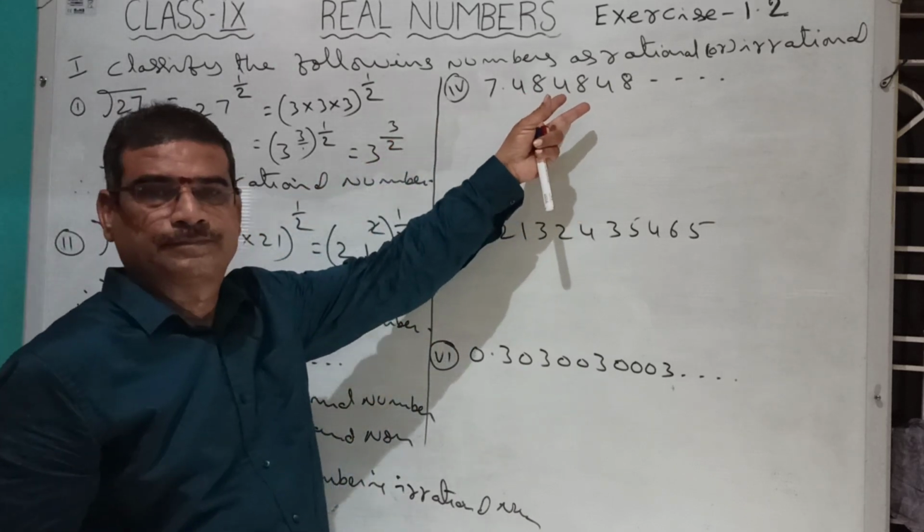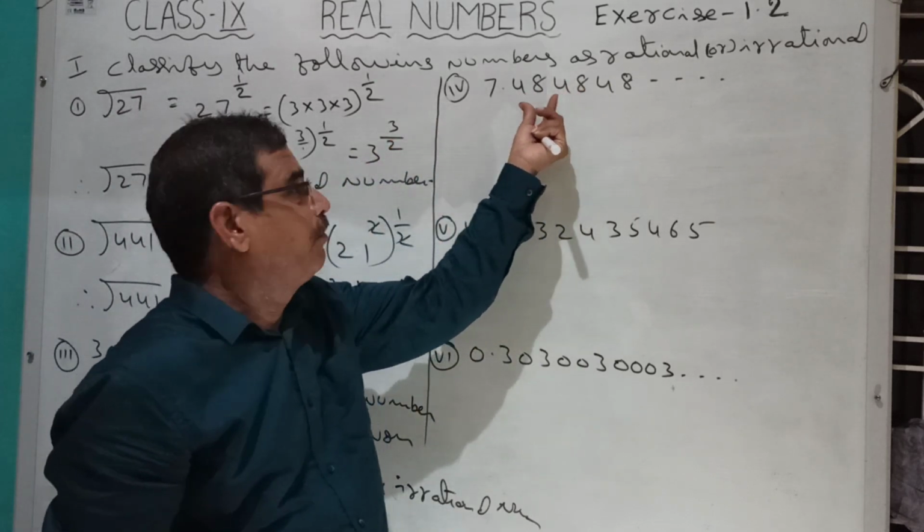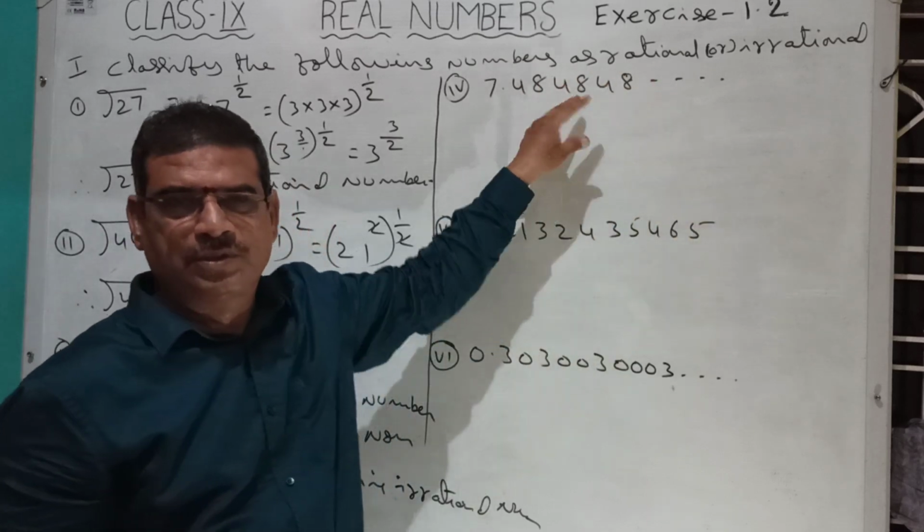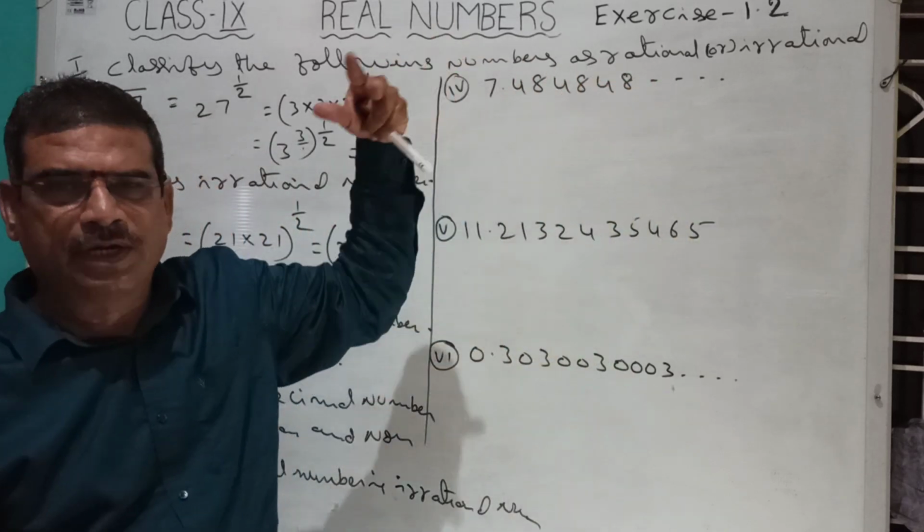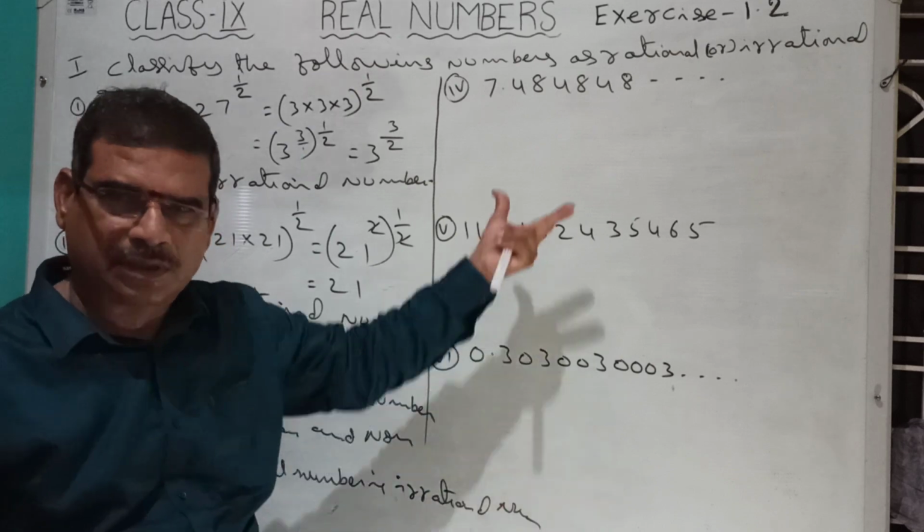See here, the repeating number 48, 48, 48. Repeating means we can convert it into a rational number.